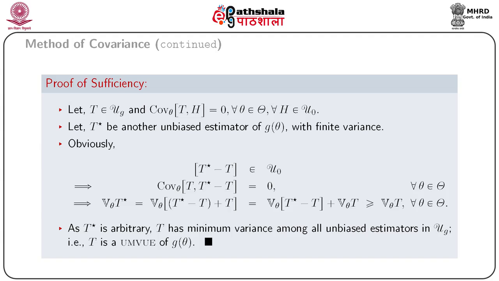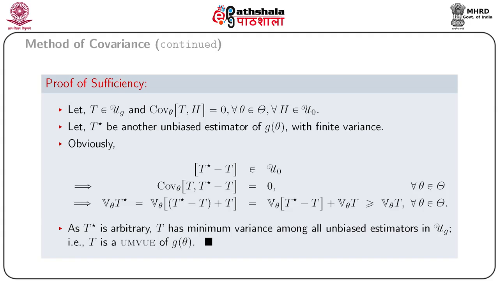Let us define H* = T* − T. Then the expectation of H* equals the expectation of T* minus the expectation of T, which is equal to 0 for all θ, which implies that H* belongs to U₀. Then the covariance of T and H* equals 0 for all θ, which implies that the covariance of T and T* − T is equal to 0 for all θ.